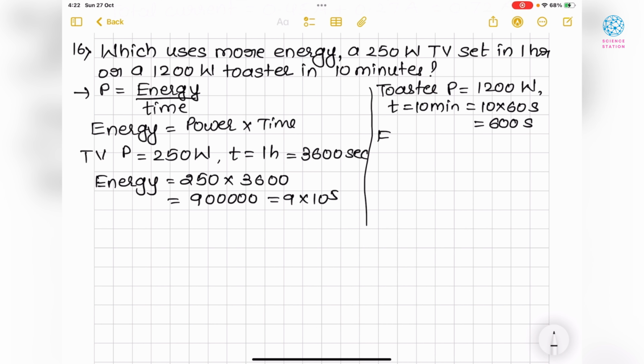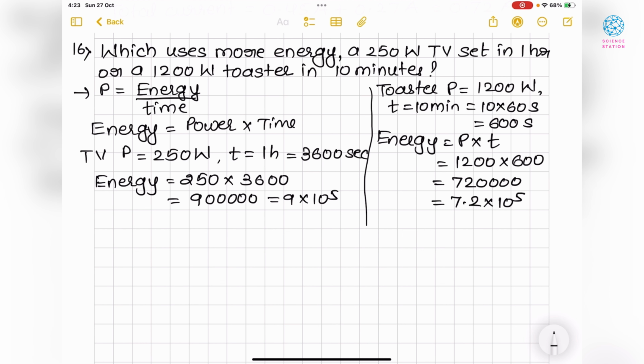So energy will be P into T. So that is 1200 into 600. So that comes as 7,20,000. So that will be 7.2 into 10 raised to 5. So therefore TV draws more energy.